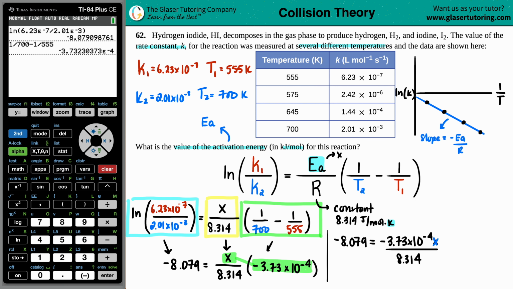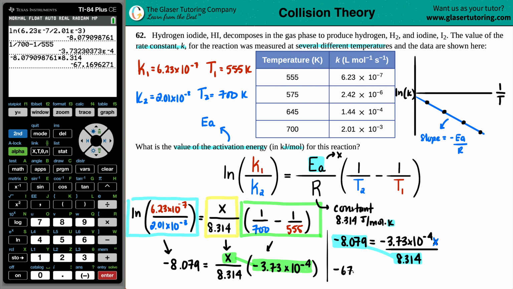Now we just have simple algebra. Cross multiply the negative 8.079 times the 8.314. I'm going to grab the whole value so that we don't round, times 8.314. Press enter. We're getting down to it.